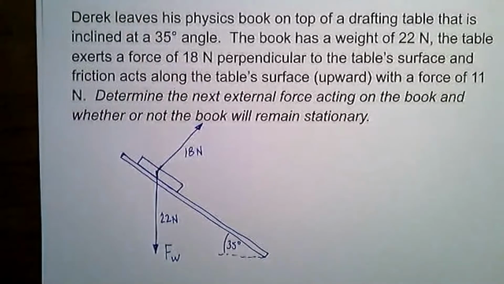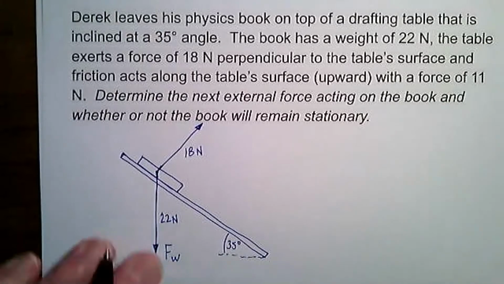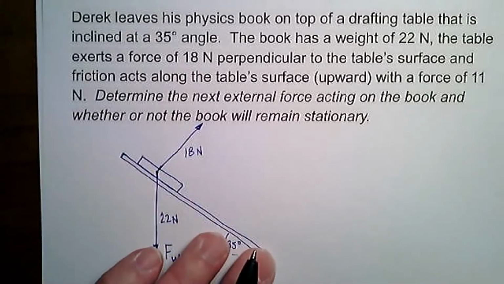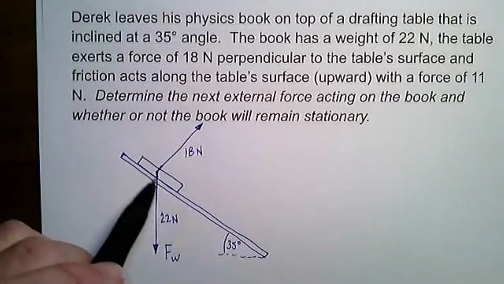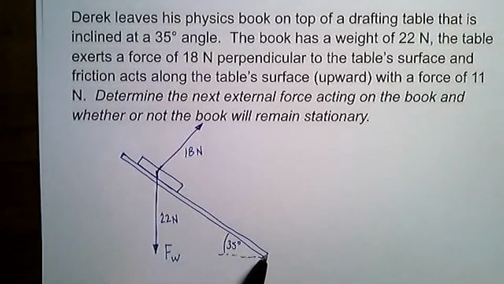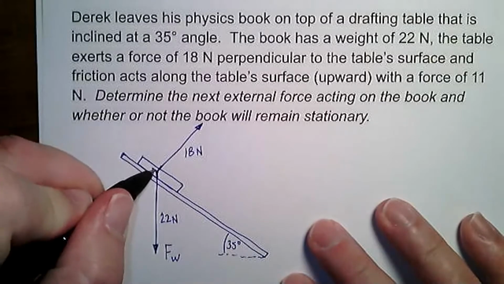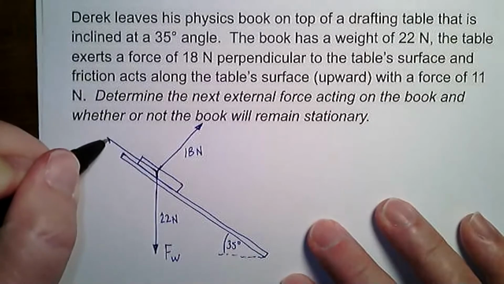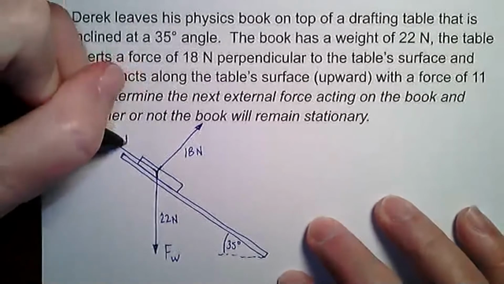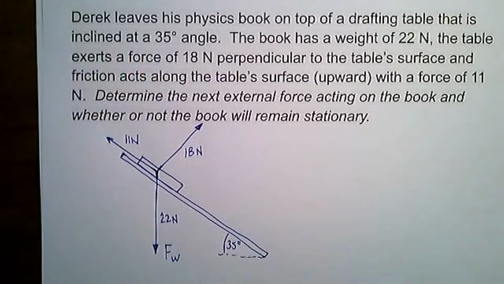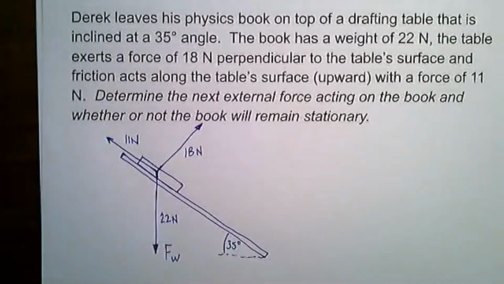And finally, it tells us that friction acts along the table's surface. So friction is always going to be parallel to the surface that you have contact along. So it's going to be parallel to the tabletop. And it tells us that it goes upward with a magnitude of 11 newtons.